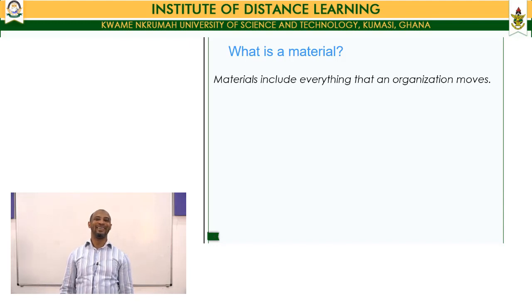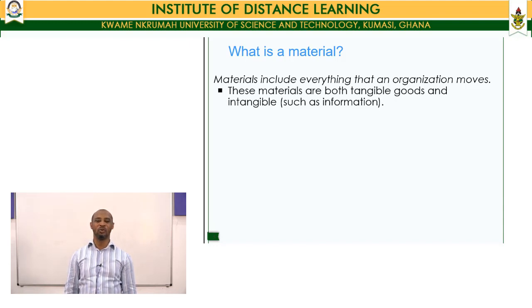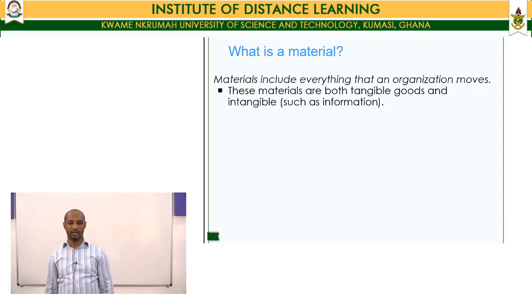Now, one of the interesting questions at this point to ask is, organizations move people. Are people materials? And the answer is no. People are not materials. So, when we say that materials include everything that an organization moves, it is devoid of human beings. Human beings are not materials.